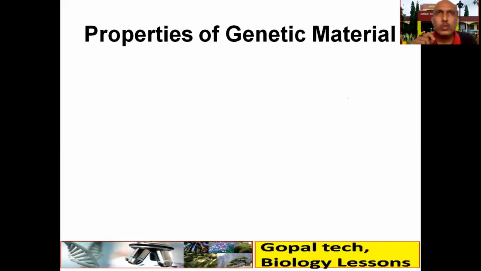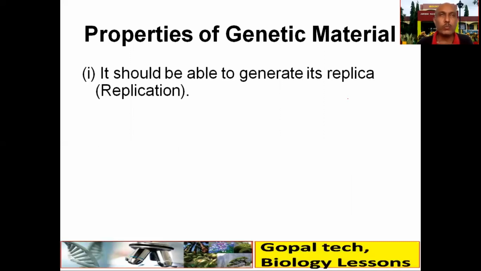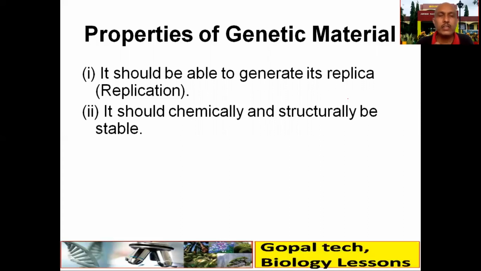Now, to become a genetic material, what property should be there? Properties of genetic material. First property, the genetic material should be able to generate, to multiply its replica. That is called replication. It should be replicated. Second, it should be chemically and structurally stable.